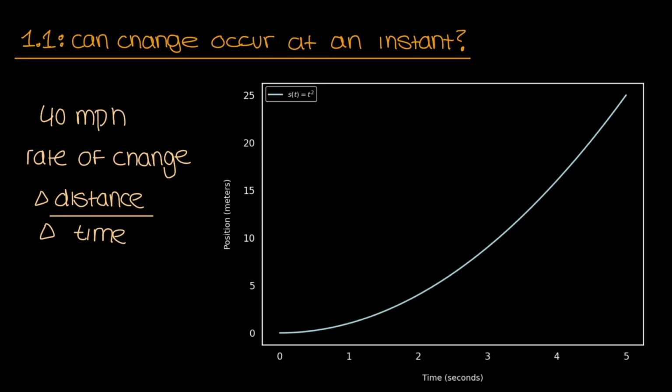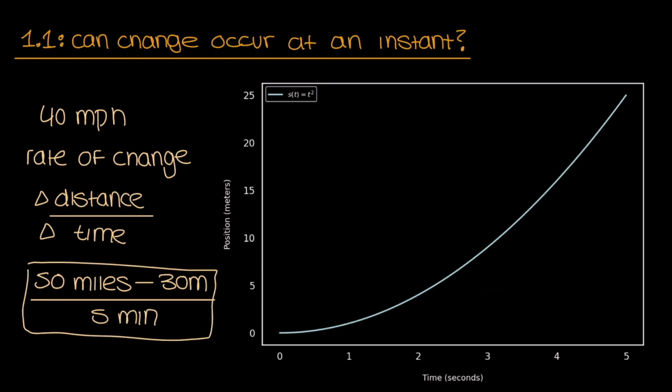Let's say 5 minutes ago, I was 50 miles away from my destination, but now I'm only 30. I'll just initialize with 20 miles over 5 minutes. This is a rate of change because now I'm comparing a before and after over some interval of time.